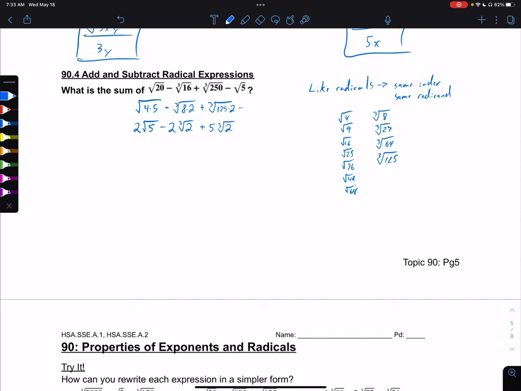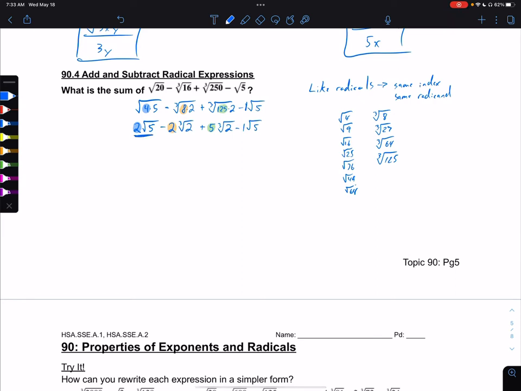Now, the square root of 5 I cannot do anything with, but I'm going to put a 1 out there in front as a reminder that there is a coefficient there, or a constant. So, real quick, remember this 4 became that 2, this 8 came outside as that 2, the 125 became the 5. Okay.